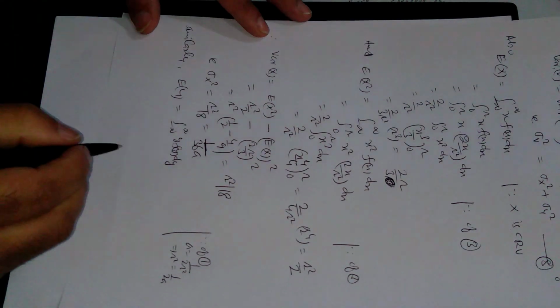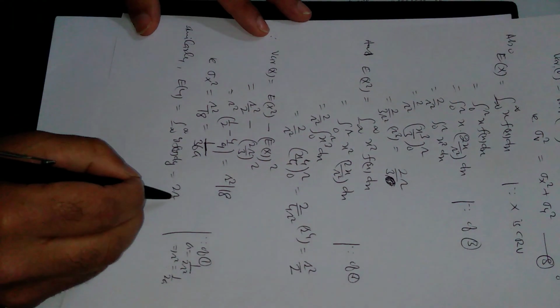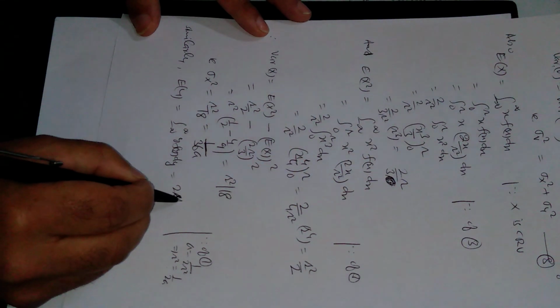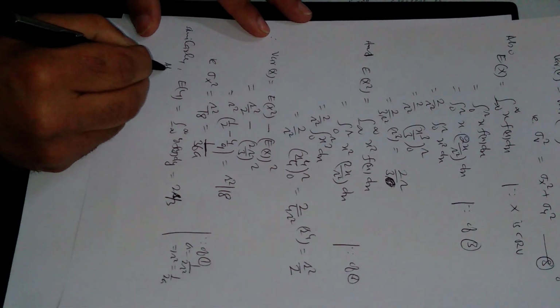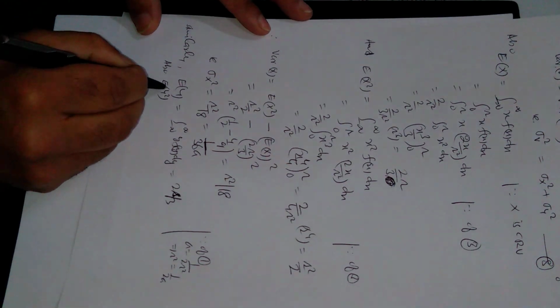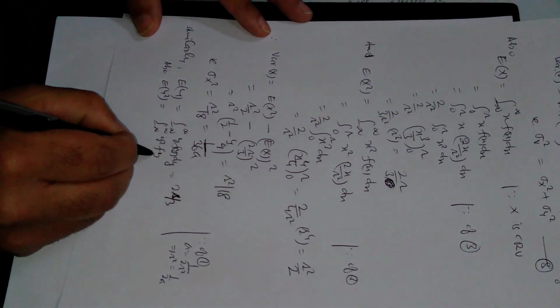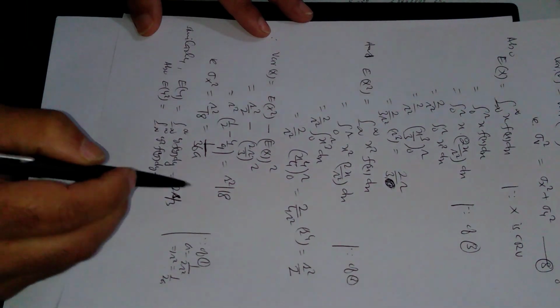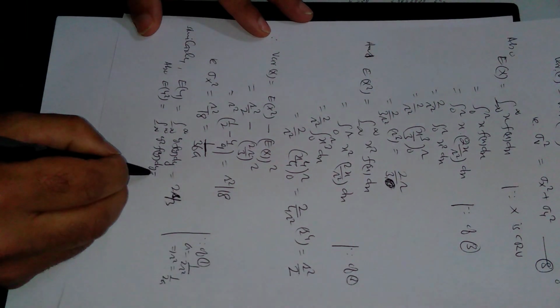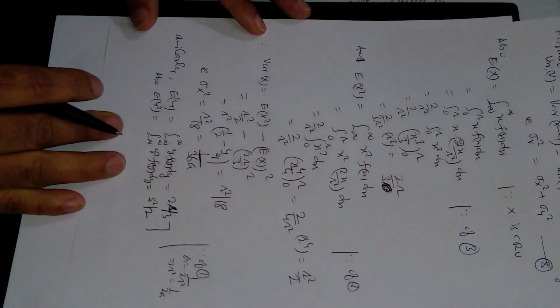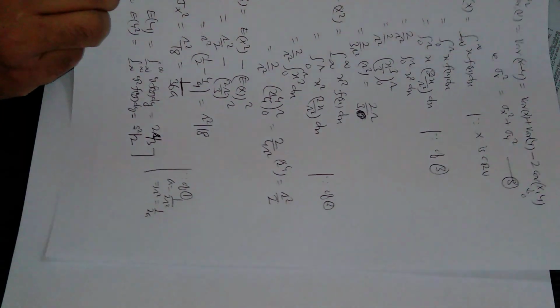So this will be 2s upon 3. Also E of y square is minus infinity to infinity of y square f of y dy. So where here it was r square upon 2, here we will get s square upon 2.